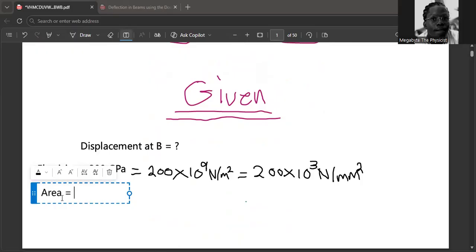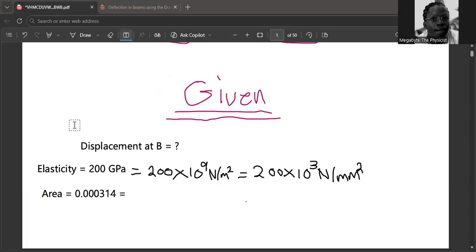Our area is equal to 0.000314, which can also be written as 3.14 times 10 exponent negative 4.